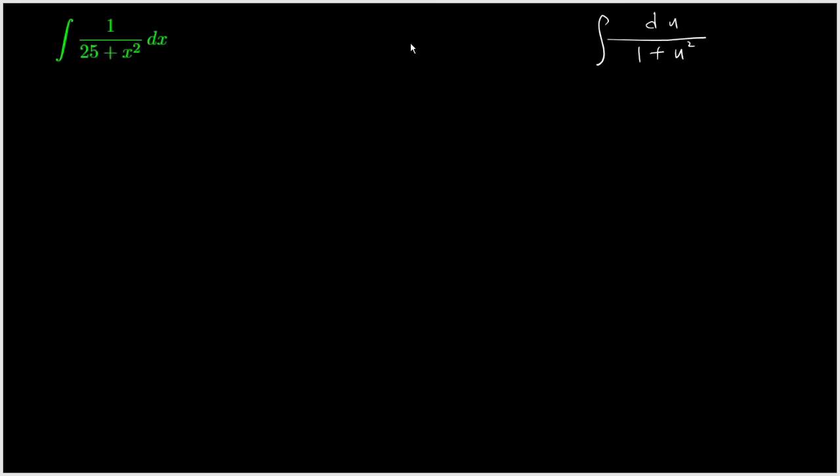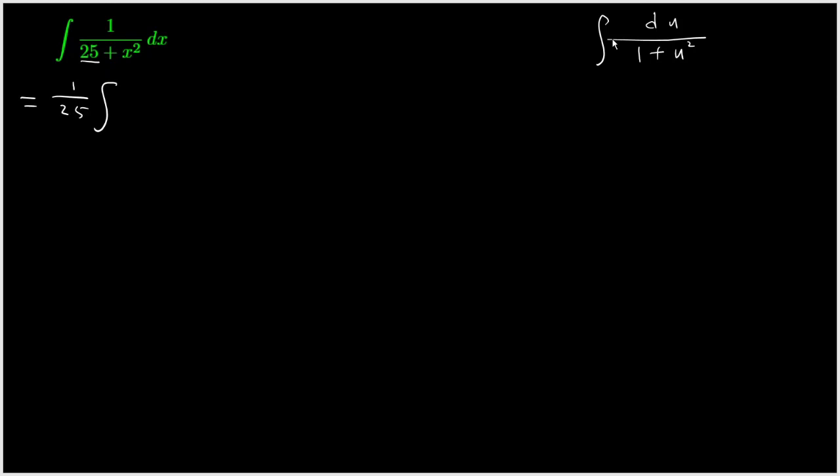The 2 questions we're going to talk about are of the nature that you need to manipulate the integrand a little bit before you can see how to choose u. In order to use that form, we want 1 at this location. In order to achieve that, we take out 25 from the denominator, or take out 1 over 25 from the whole thing.